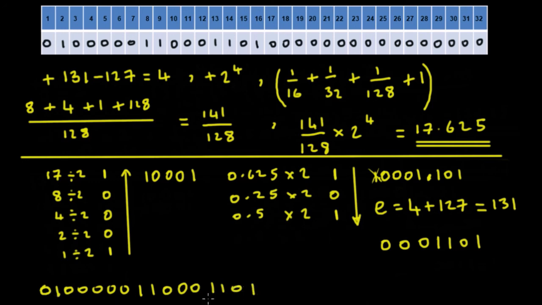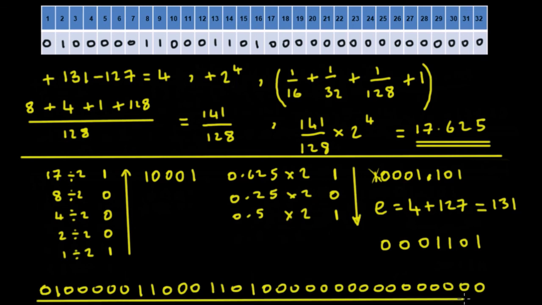Now this isn't a full 32-bit number, but what we're going to do is just pad it with zeros, out to 32 bits. So this here is our floating point number, and that should be the same as the number above.